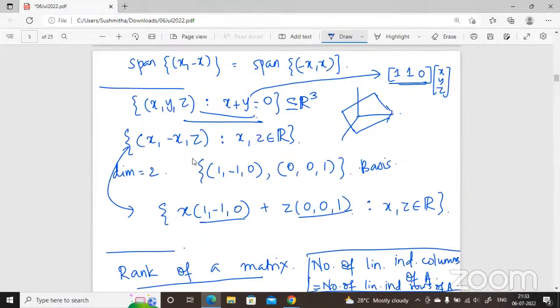Yeah. So I'm telling that (1, -1, 0) is possible. No, I'm writing this equation as a matrix. Equation. Okay. So this is what? x plus y is equal to 0. I got that, ma'am.